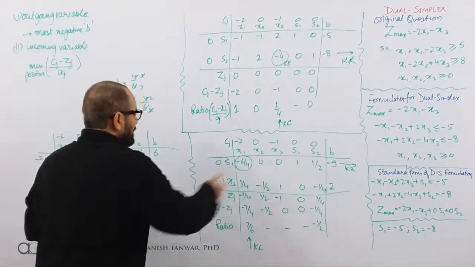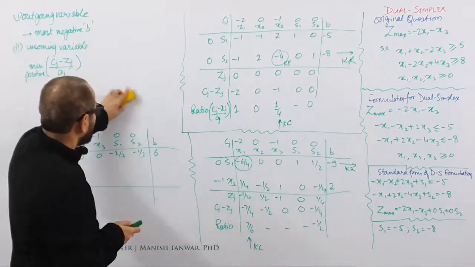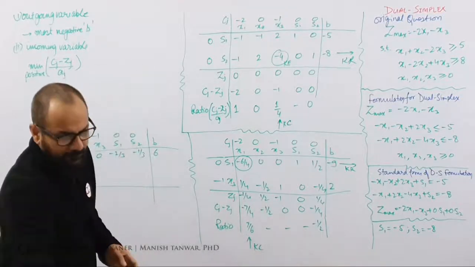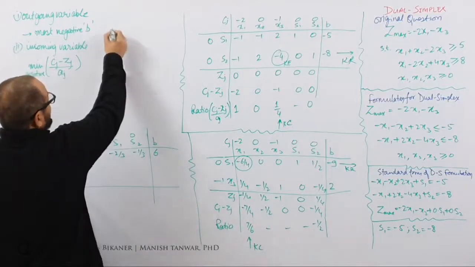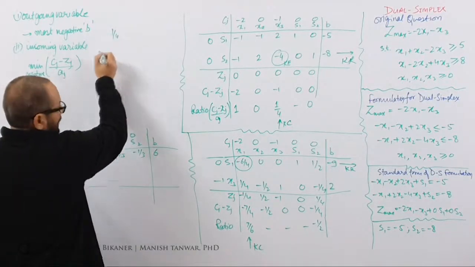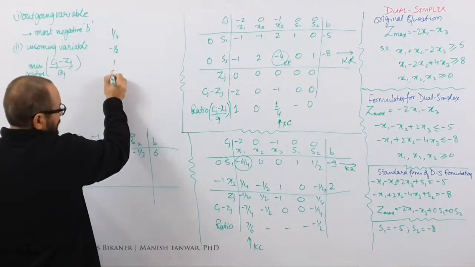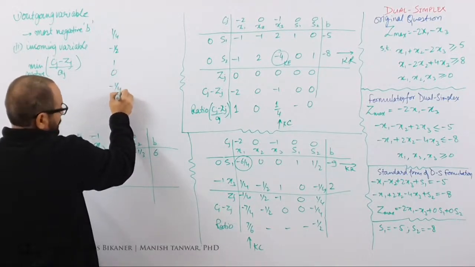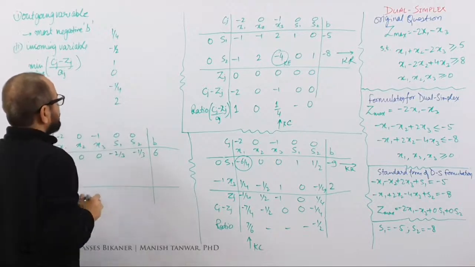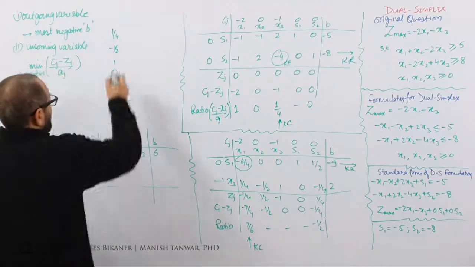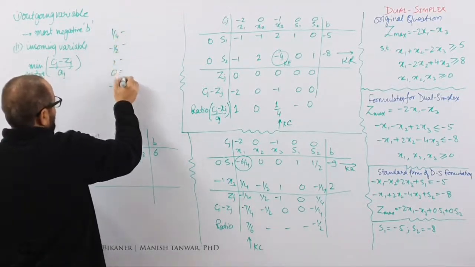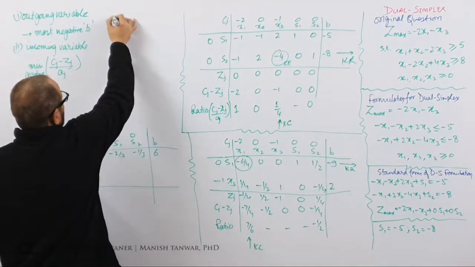Next, let us go ahead and transform this second row also. It would be 1 by 4, minus 1 by 2, 1, 0, minus 1 by 4 and 2. And then we have minus, what is the formula?